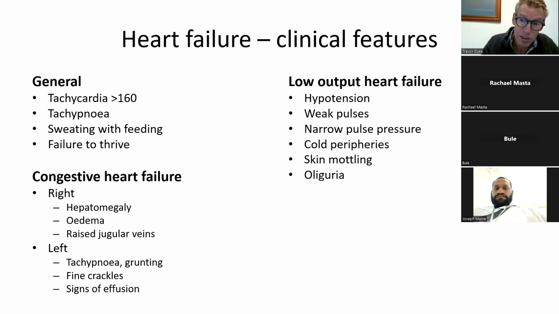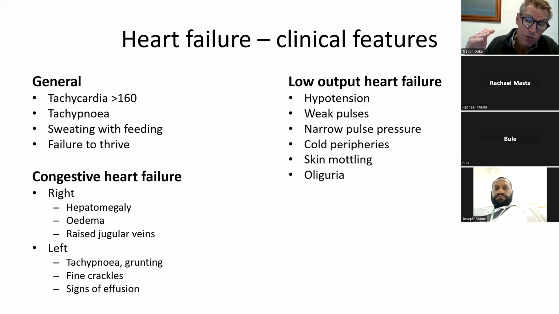So you'll have hypotension, weak pulses, and often a narrow pulse pressure, because when the blood pressure is low, that stimulates the catecholamines to cause vasoconstriction to maintain the mean arterial pressure, and it stimulates the renin-angiotensin system to cause vasoconstriction. So you get a constricted circulation, and therefore the pulse pressure is very narrow. I hope that makes sense.